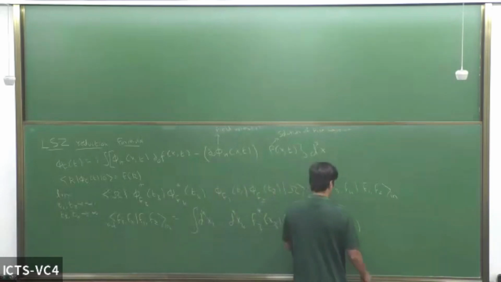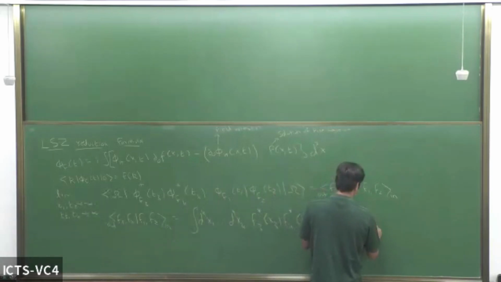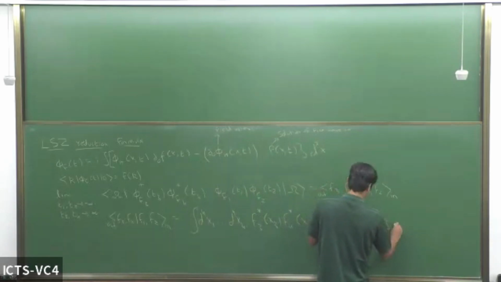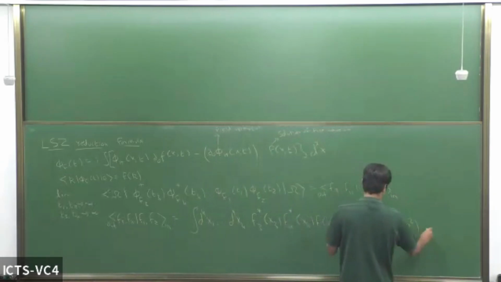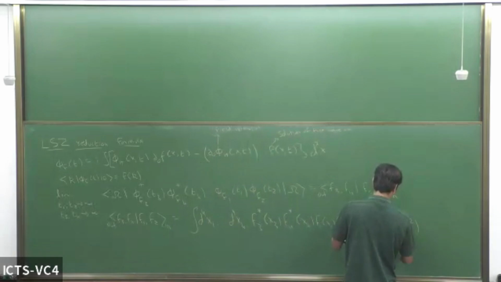Okay, and then you have the product over j of i times box j plus m squared, and then this thing acts on the following operator.